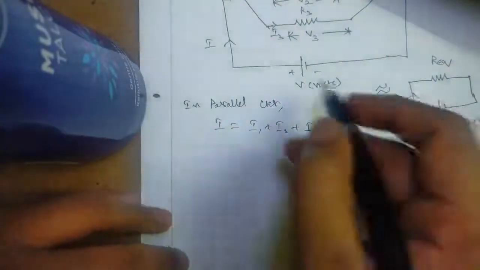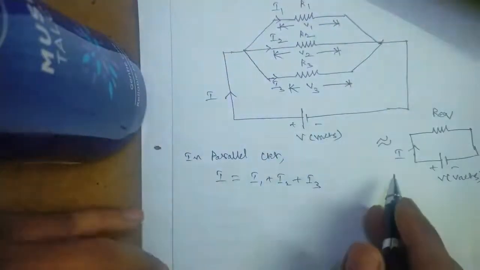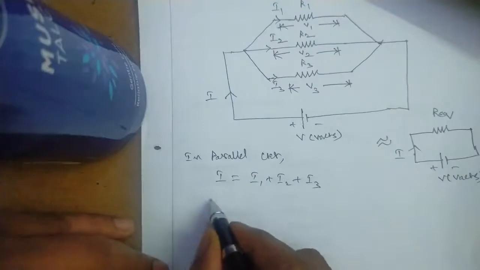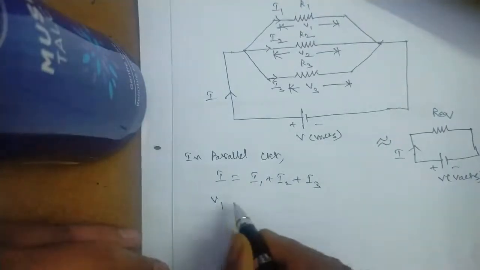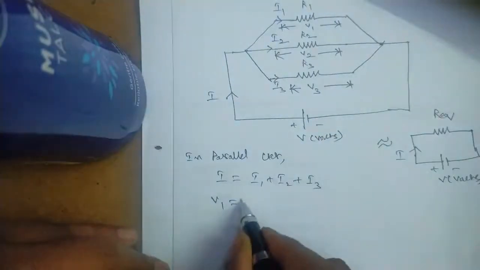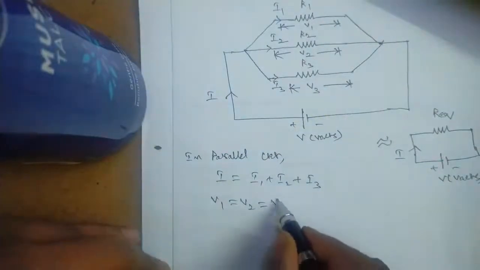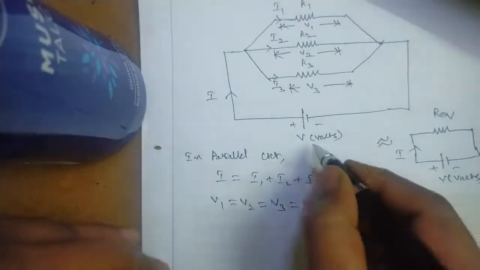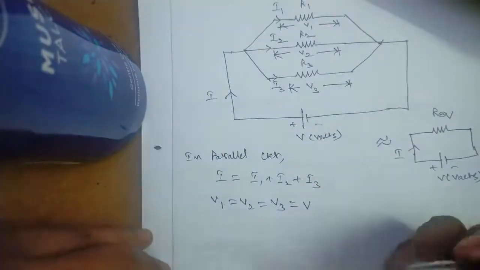Next, in a parallel circuit, the voltage across all the elements is the same. The voltage across resistor R1, that is V1, is equal to the voltage across resistor R2, that is V2, is equal to the voltage across resistor R3, that is V3, which is equal to the applied or supply voltage.